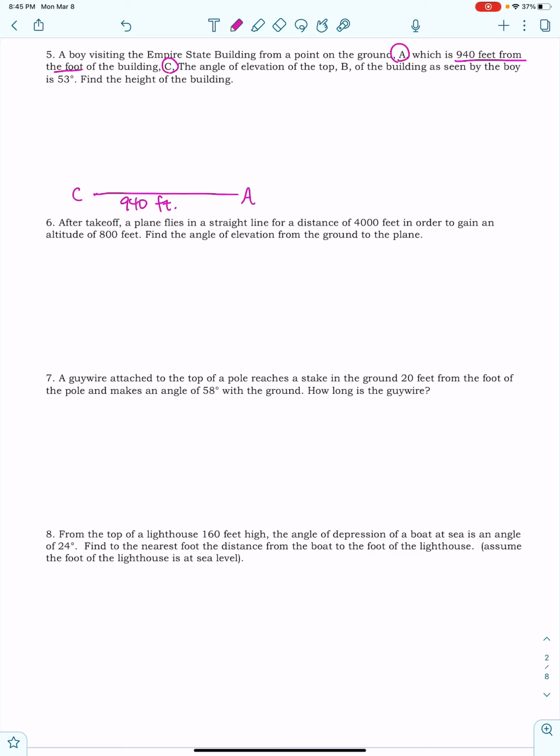And we have an angle of elevation of the top, B, of the building as seen by the boy at 53 degrees. So we have got B, the top of our building, and we have an angle of elevation that is formed from the boy at A, that is 53 degrees. Okay, so that is going to be the picture that we're going to use.